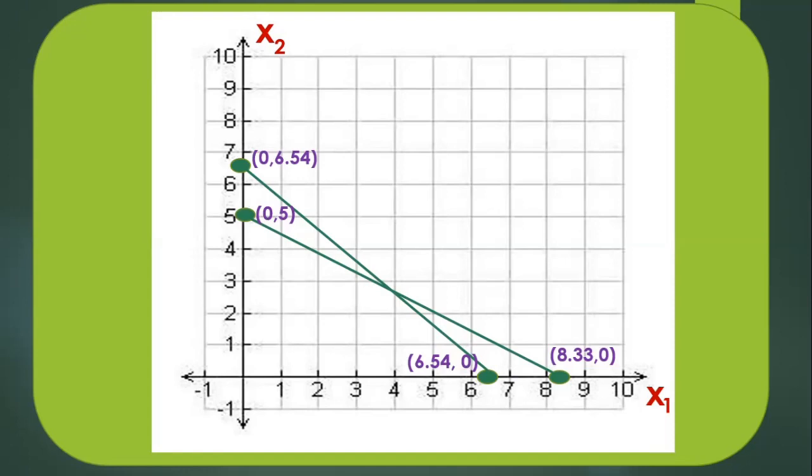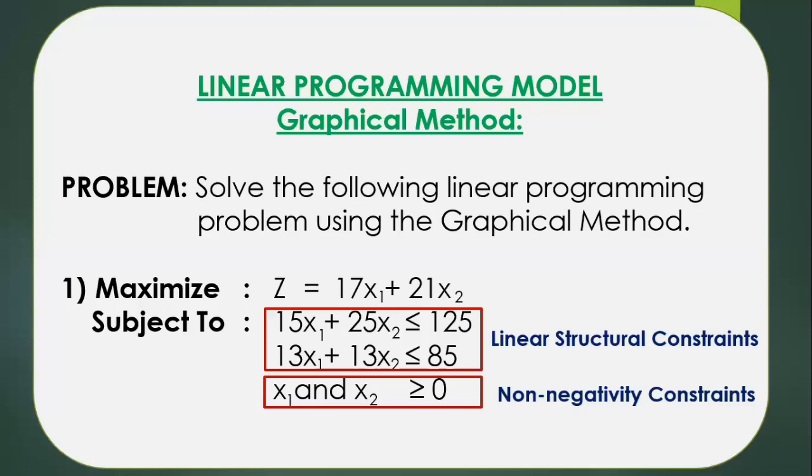Now, in order to find the feasible region, just take a look at the two constraints. Just check whether it is less than or equal to, or greater than or equal to, because based on that, we will be able to find the feasible region. As you can see, for our first constraint, the inequality we are using is less than or equal to.